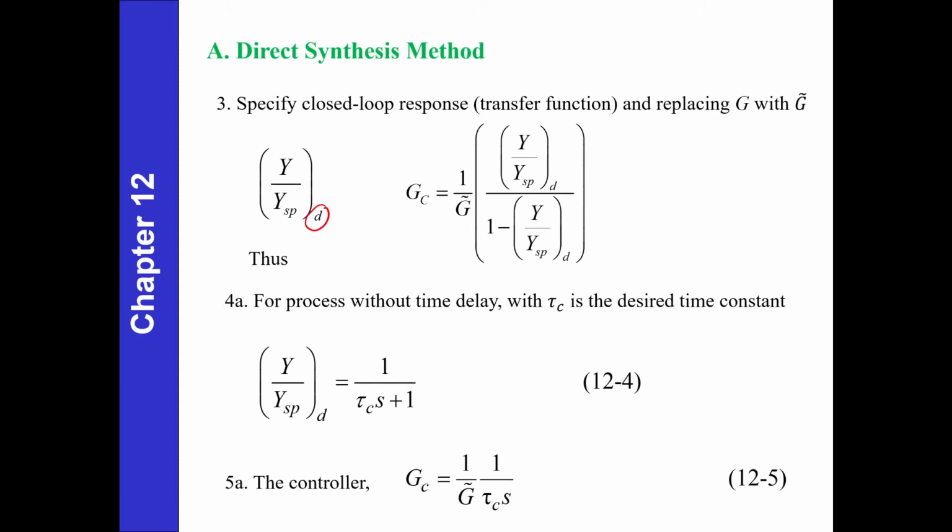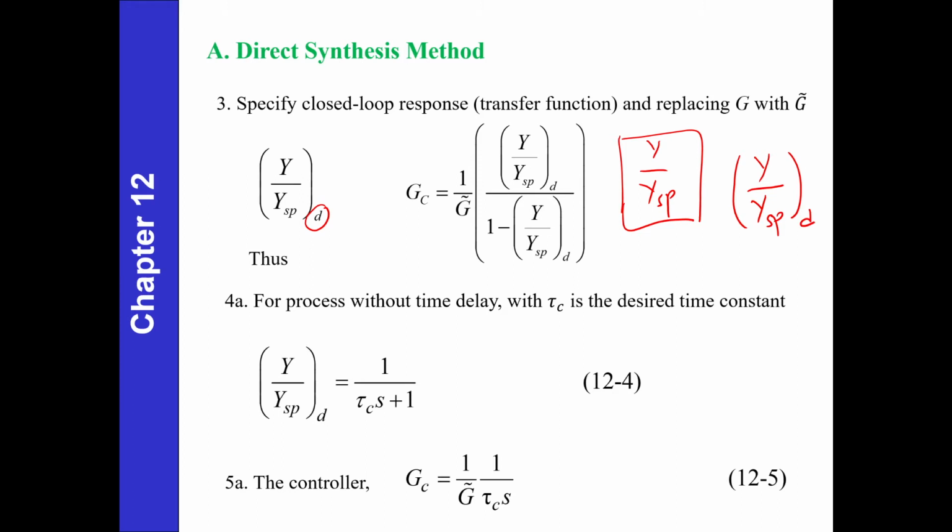put it as a d. Why do we have to put it as a d? Because d is our desired closed loop response. Desired meaning what we want. If we have Y over Y sp only, it is a general form, but to specify it to become the closed loop that we want, we put d.